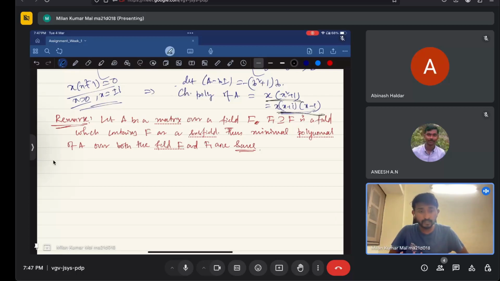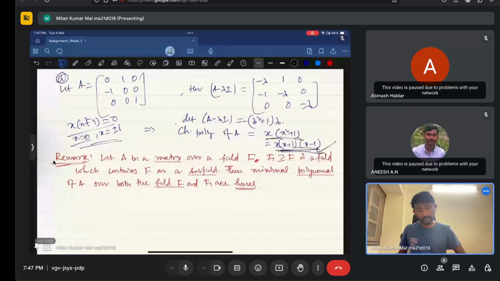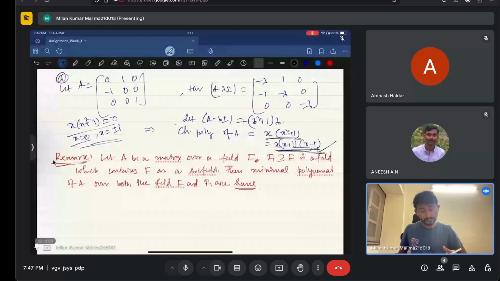But the minimal polynomial is clear, that is what I just want to say. As we know, the characteristic polynomial and the minimal polynomial have the same roots, so the minimal polynomial should have each factor at least once, but here it can have at most one each. So this is the minimal polynomial, because that will not change if we change the field.